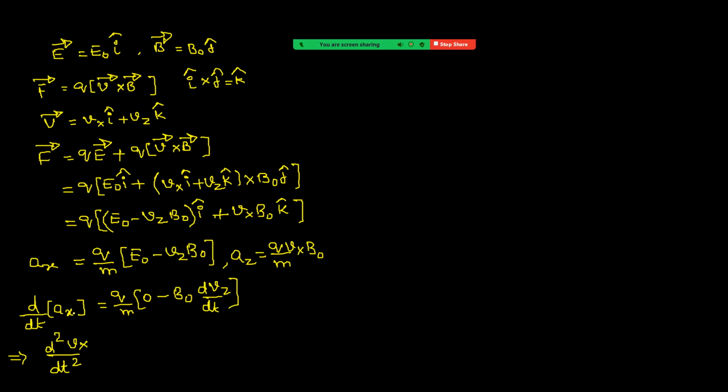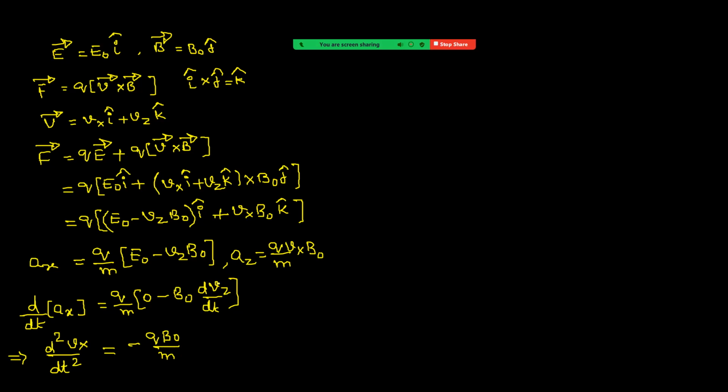Because this is the acceleration, Ax is nothing but dVx by dt, so it is d square Vx by dt square. That is equal to minus Q B naught upon M times dVz by dt.